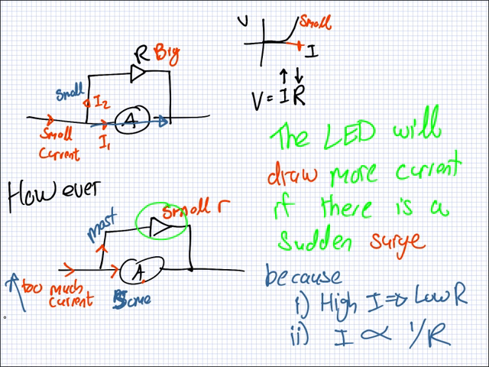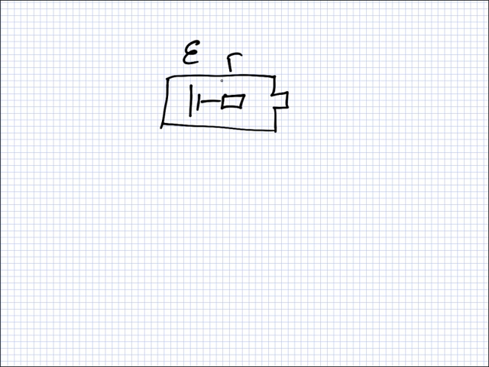Question C is, draw the circuit to measure the EMF and the internal resistance. So I hope you remember this. You have a battery, like this. You have an internal resistance here. This is E, this is r.